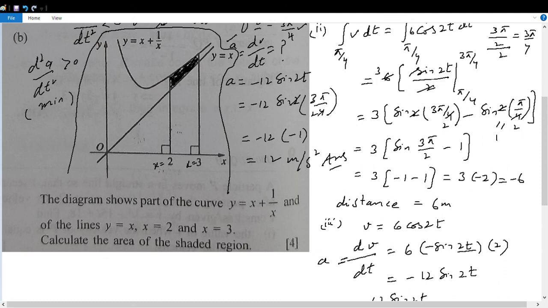The limits you are going to use are 2 and 3, and you will subtract from it the integral of x dx, with the same limits 2 and 3.